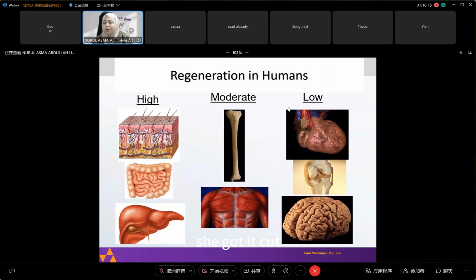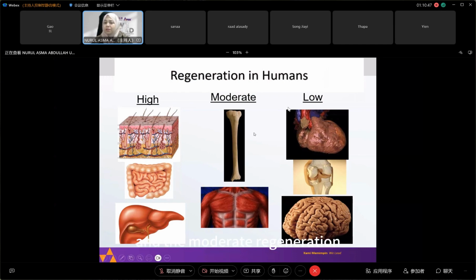She got it cut and she is well until now, which shows how the colon can regenerate very fast in our body. And of course the liver is also a fast-regenerating tissue. You can even donate some parts of your liver to somebody, and it regenerates very fast.